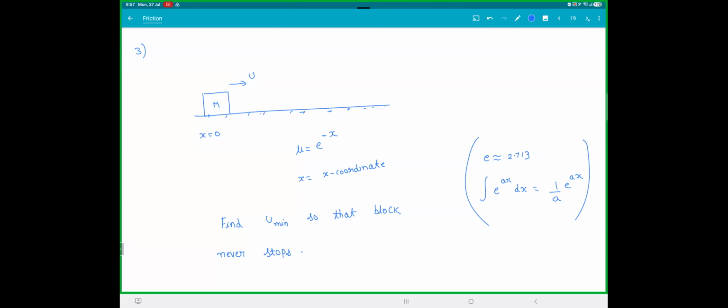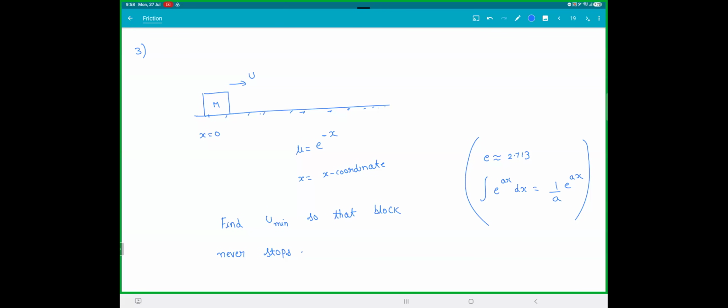So you kept a block on a surface whose friction is varying with e power minus x, and if you kick it, it would generally stop, but this is a special surface. There is a way: if you kick with the minimum speed, it will never stop. Others, do keep your cams on. We did something like this in some other chapter. Remember, we called it escape velocity.